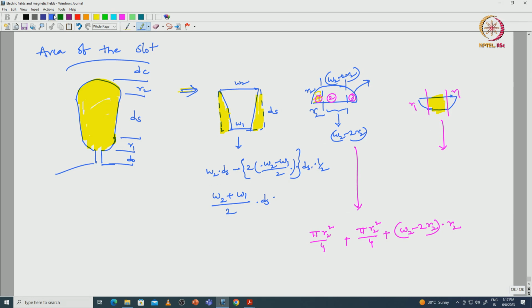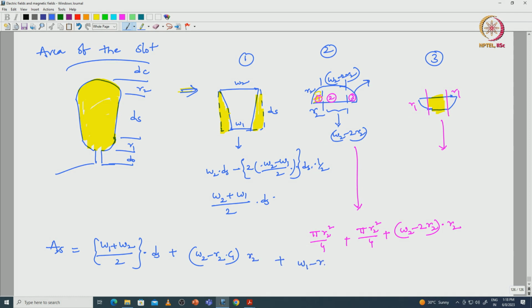So, if we will club all these 3 terms, one, 2 and 3, then area of the slot is nothing but final equation W1 plus W2 by 2 into ds plus W2 minus R2 into C1 into R2 plus W1 minus R1 C1 into R1.